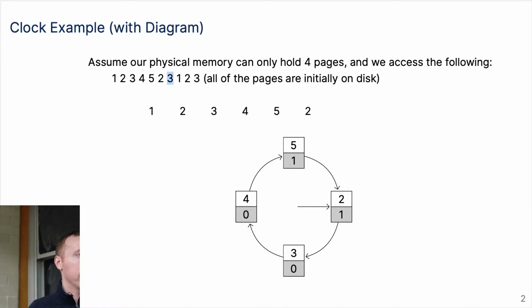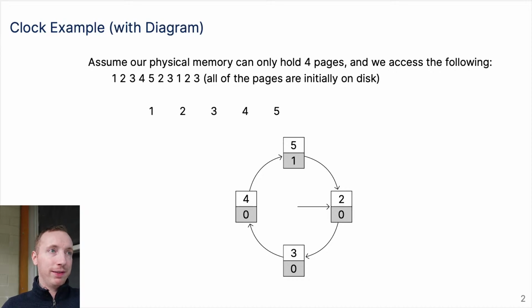When we access 2 the second time, why do we move the hand? We didn't. This is what it looks like right after we inserted 5, before we know about 2.